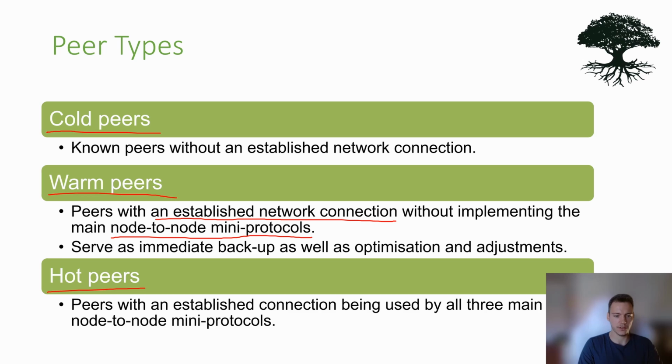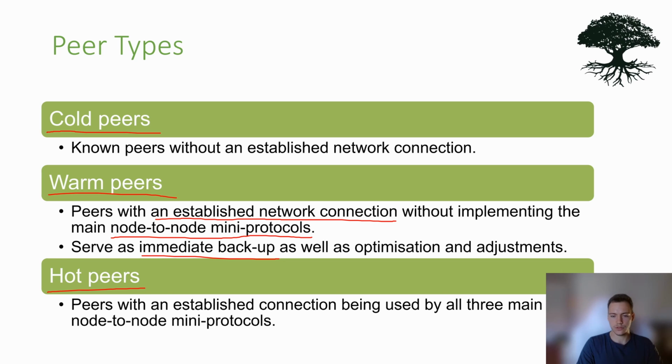There is a connection. The purpose of warm peers is to basically serve as an immediate backup to peers that are active that might fail. So if we need to replace an active peer, we have a warm peer. We already have the connection, and it's a good backup.